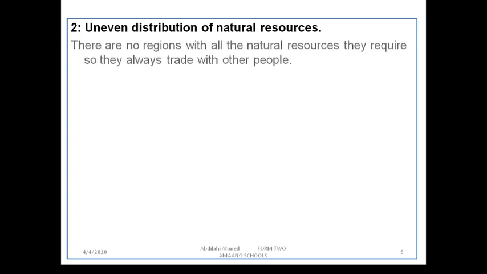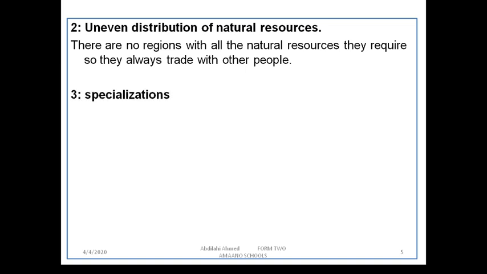Imagine if all the minerals and natural resources were in every country, then countries wouldn't trade with one another because they would have everything they need. If you have everything in your home, there is no need for you to go somewhere else. But that's not the case with countries. So uneven distribution of natural resources results in trade. There are no regions with all the natural resources they require, so they always trade with other people.